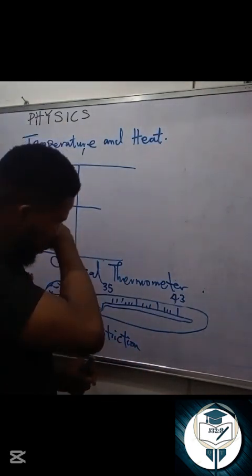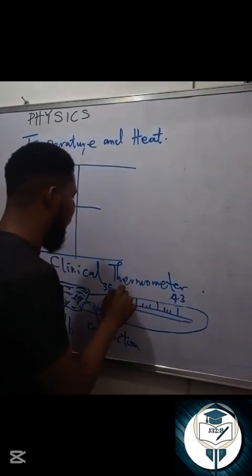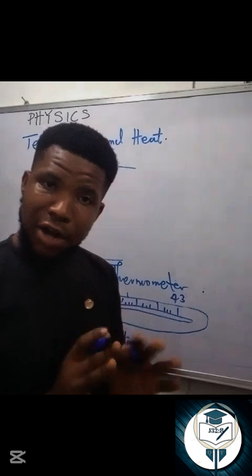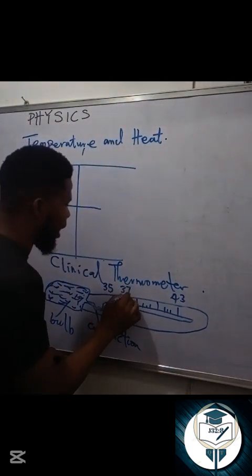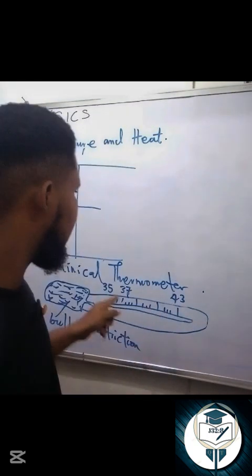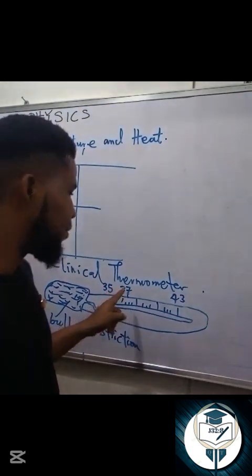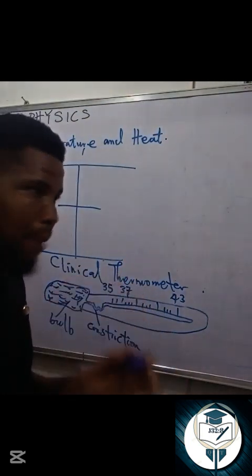Now, the human body of a healthy person has a temperature of 37 degrees. That's the normal temperature of the human body.